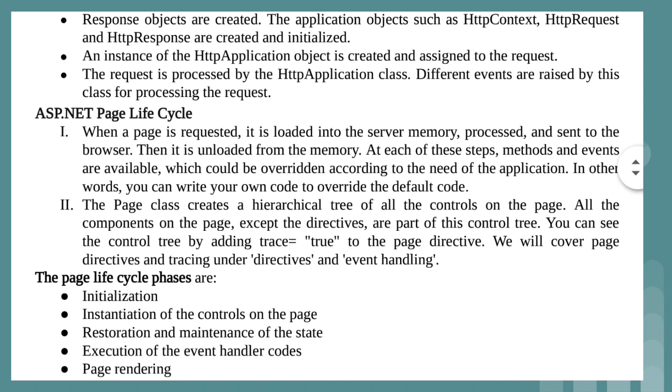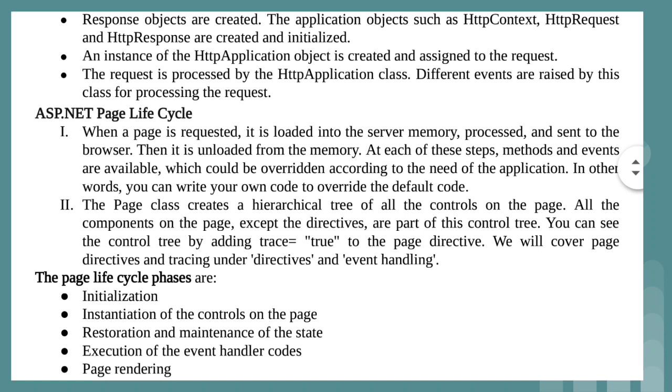So all the controls which are present, or which we have taken as an interface for the application, for each and every page, one hierarchical tree is created. And directive means whatever directive, page directive or import directive we have. If we are using a directive, that information we will not get in this hierarchical tree. Directives are excluded.